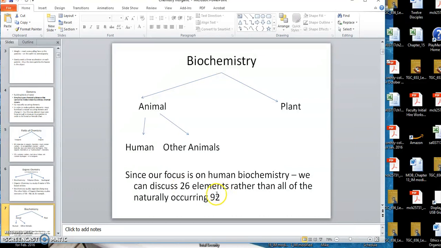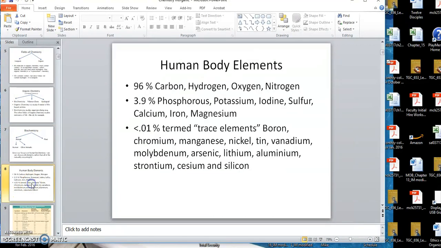Now, we do have some others that pass through our body in our food and so forth, or inadvertently through our body, but our primary interest is on these 26 different elements that comprise the human body.